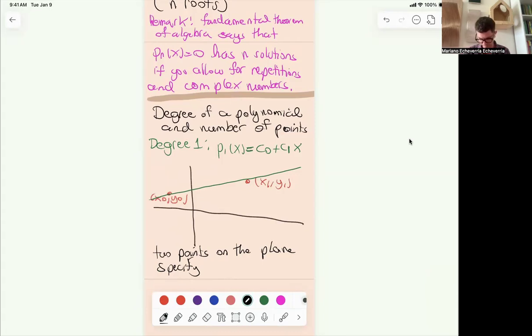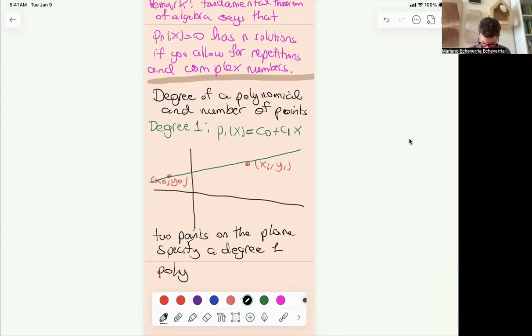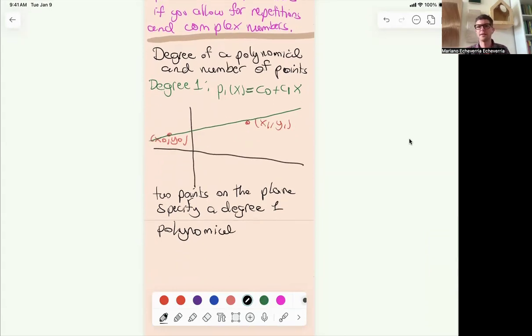That's how I would say it. It's probably a very well-known fact, but I'll present it in a more linear algebra way, because it will be useful for what I'll say a bit later.